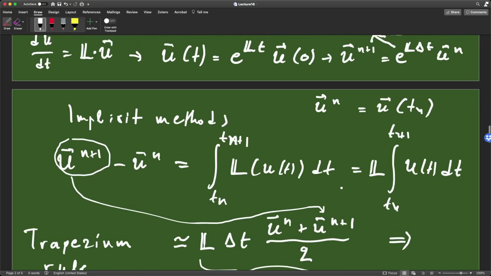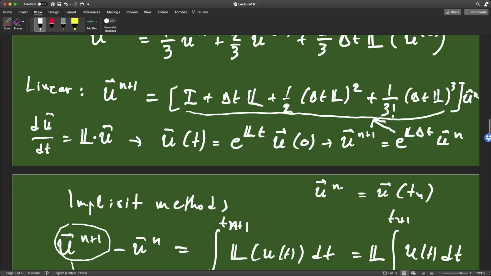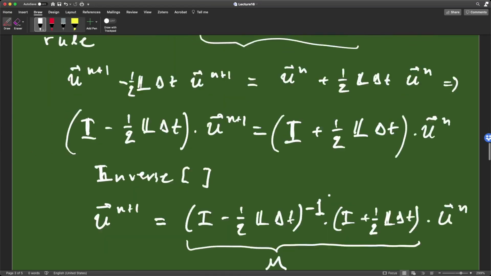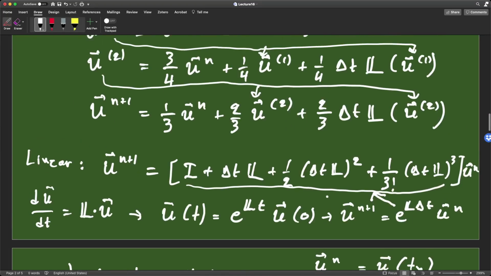So in this case, the performance of this method, because it just involves a matrix multiplication at each time step, will be the same as the Runge-Kutta method, where again we have one matrix multiplication at each time step with a matrix that is pre-calculated and stored in memory.